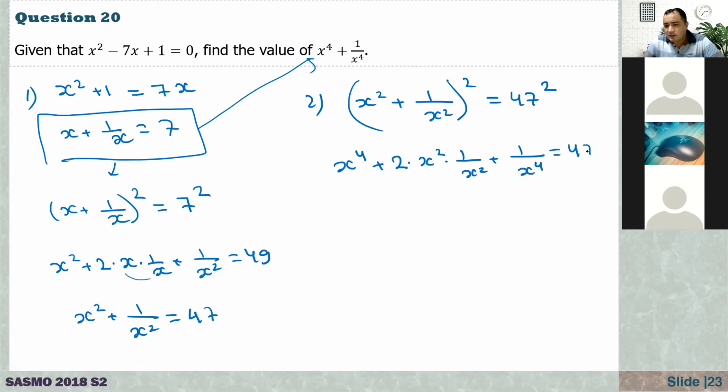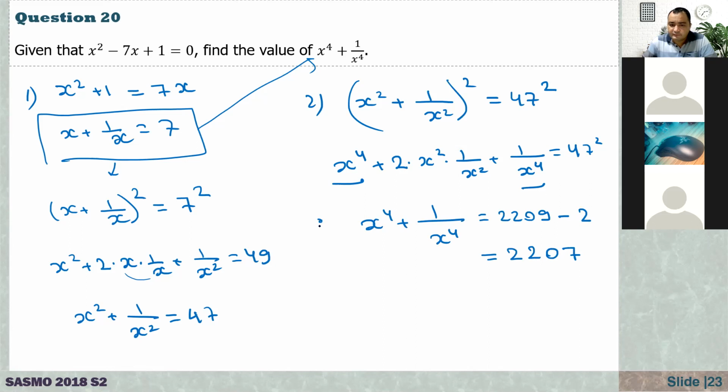And on the right-hand side, I have 47 squared. So just keep x to the power of 4 plus 1 over x to the power of 4 on the left. What is 47 squared? 47 squared is 2209. So 2209 minus 2 is equal to 2207.